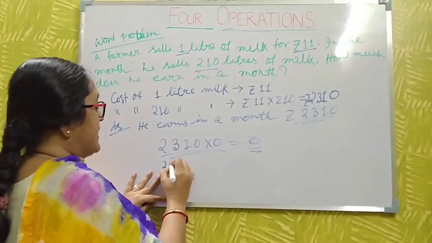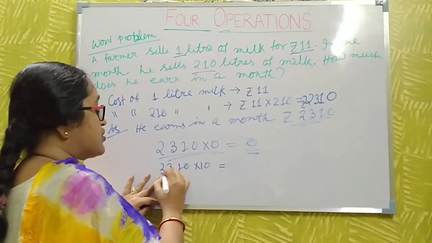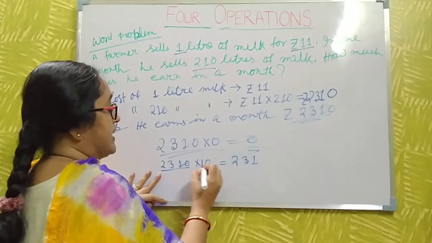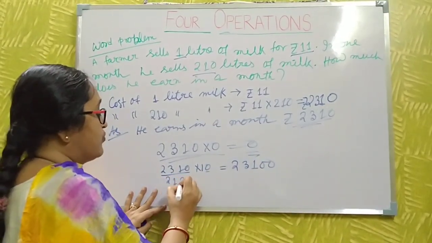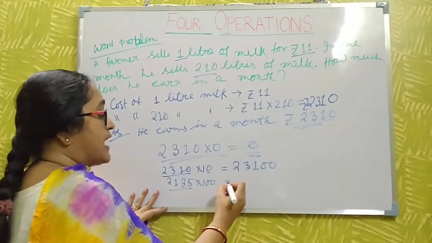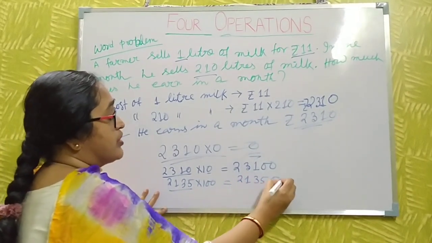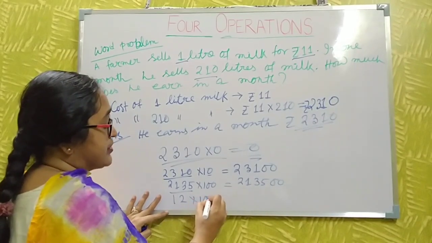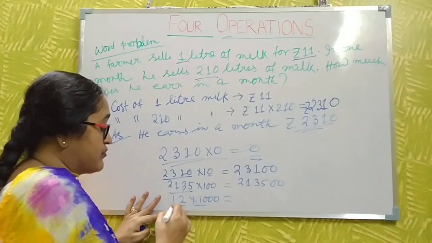If you multiply this one by 10, you just put this one, 231, and then how many zeros are there? Now if you multiply this one by 100, you just write the number and put 00 in the back. If you multiply it by 1000, then you just put 000.